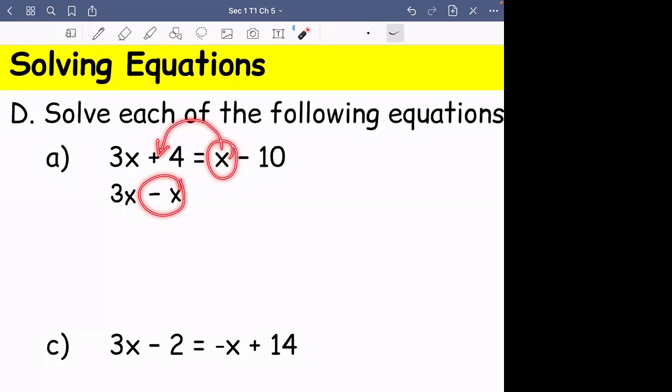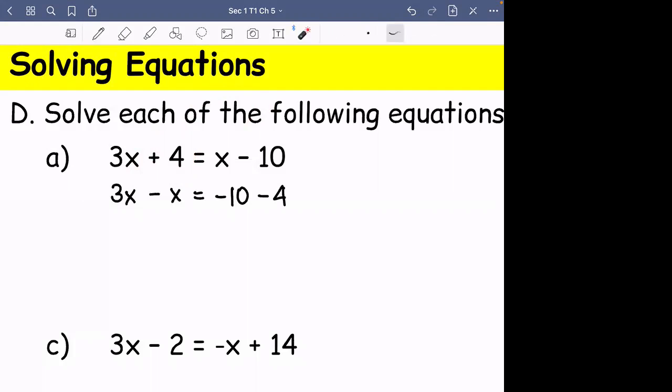Then equals, bring down negative 10. Now I transpose positive 4. Again, all variables on one side and the constants on the other. I'm putting the constants on the right side, so from plus 4, it becomes minus 4.